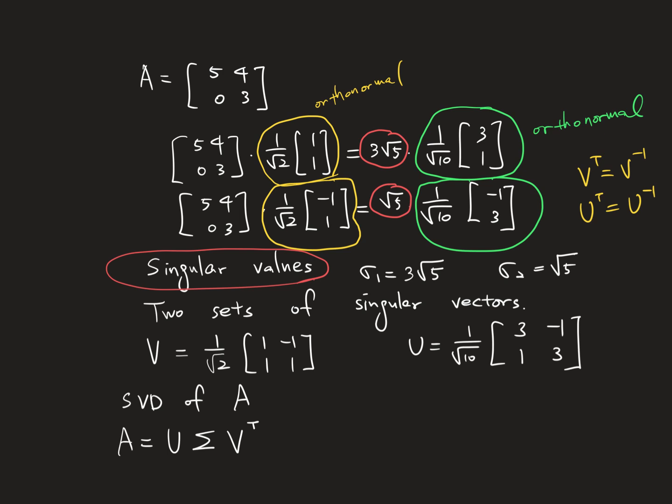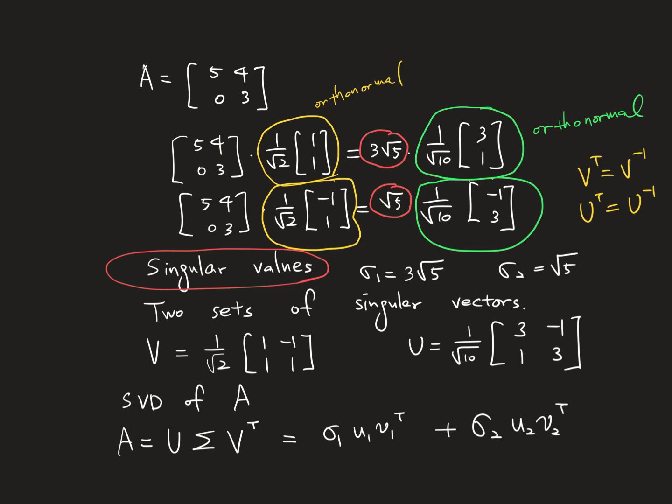And if you write it using rank 1 matrices, we can write it as sigma 1 U1 V1 transpose plus sigma 2 U2 V2 transpose.